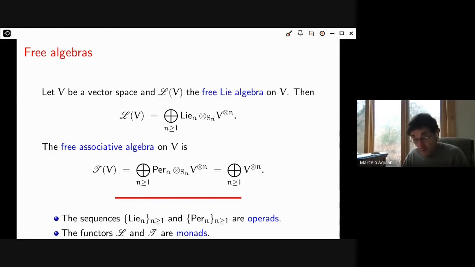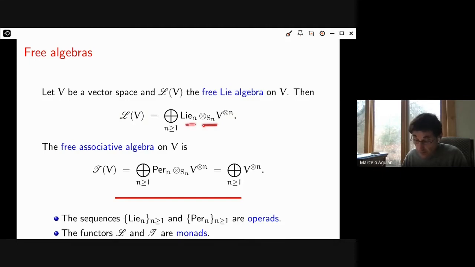The image of V is, by definition, let's say, the free Lie algebra on V. And it happens that the free Lie algebra on a vector space V has this expansion as a direct sum of vector spaces of this form, obtained by tensoring V tensor n with Lie_n, tensoring them as representations of the symmetric group.